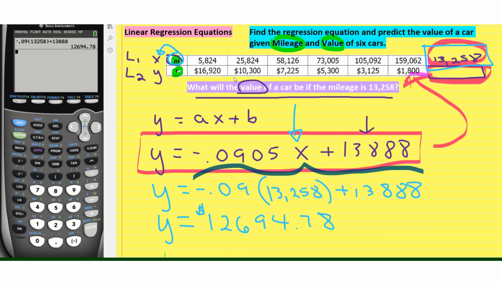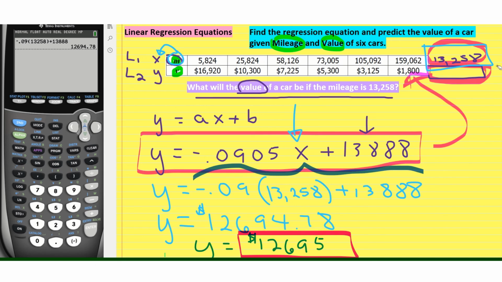So that could be rounded to what number? My value could be rounded to approximately $12,695. So that's a good approximation of what the value of my car is going to be if my mileage is at that point.